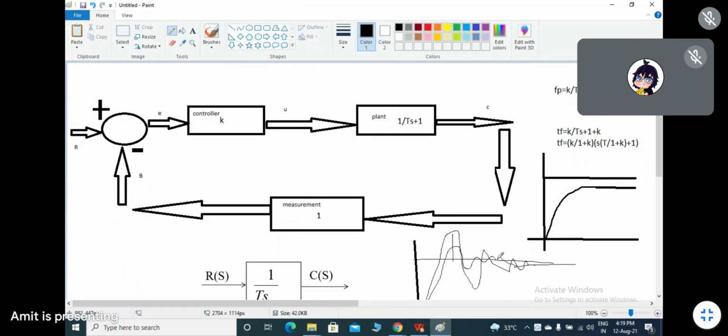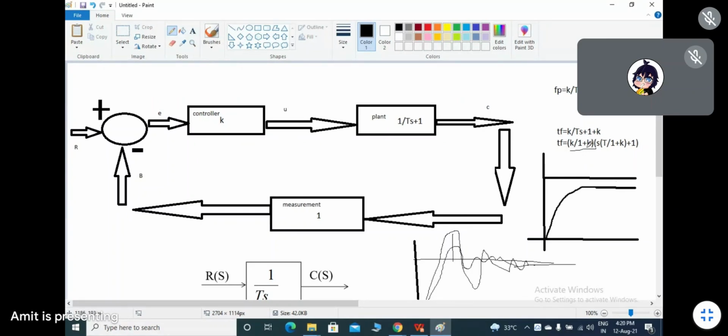Sir, the gain came as k by 1 plus k, but the controller just has k. The controller gain is k; when you close the loop, the total system gain is k by 1 plus k. This is the gain of your closed loop system. Getting my point? I am not talking about the controller gain.